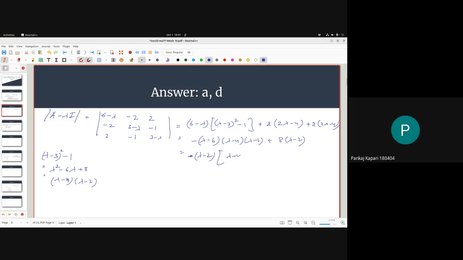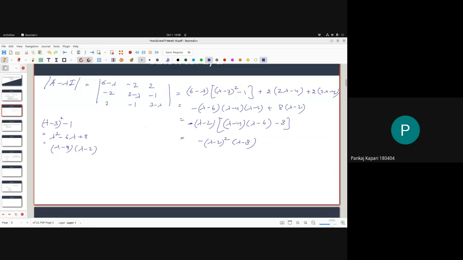In the bracket, we have lambda minus 4 into lambda minus 6, and minus 8. This gives lambda minus 2 whole square into lambda minus 8.